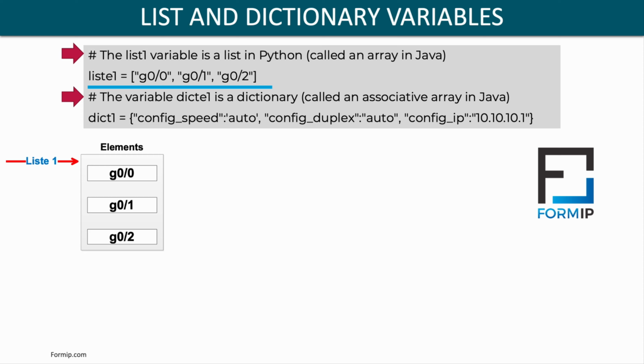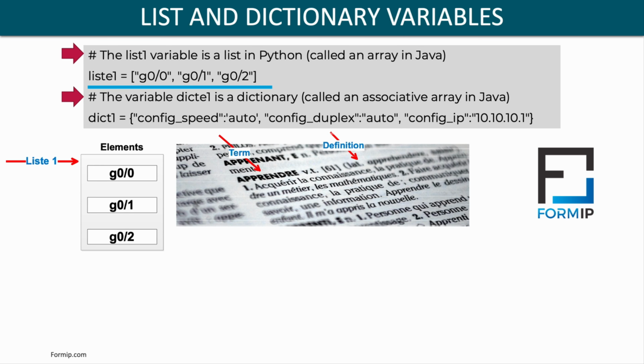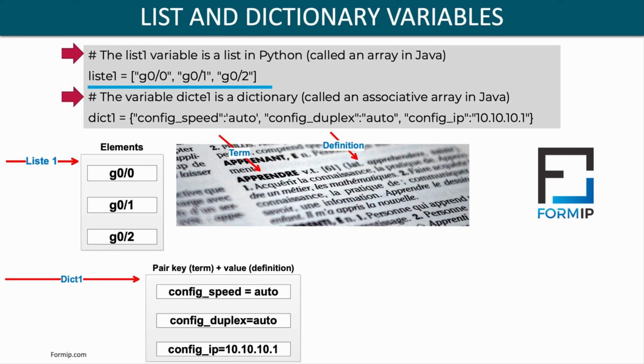Python supports a data structure very similar to a dictionary. For example, in a dictionary, each term corresponds to a definition. In the example, the word learn is the term, and the following is its definition. Well, with programming languages like Python, the data structure looks like a dictionary.